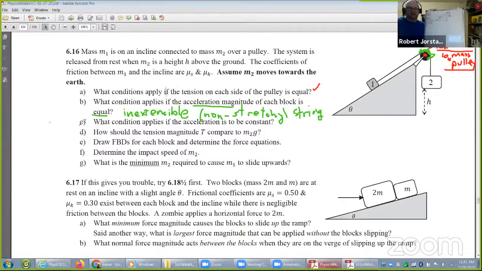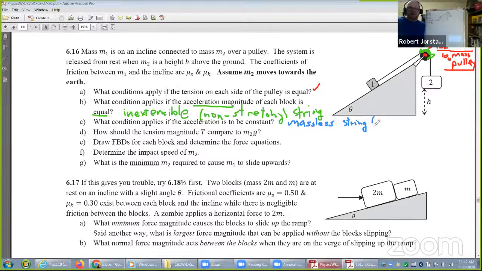And then the next one. If the acceleration is constant, what's the last piece? Do you remember? It had something to do with the string. I'll give it to you so we can get on with this. Massless.